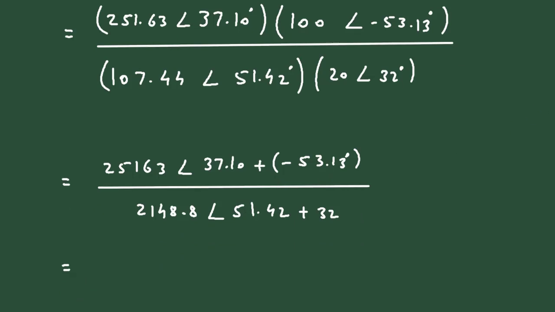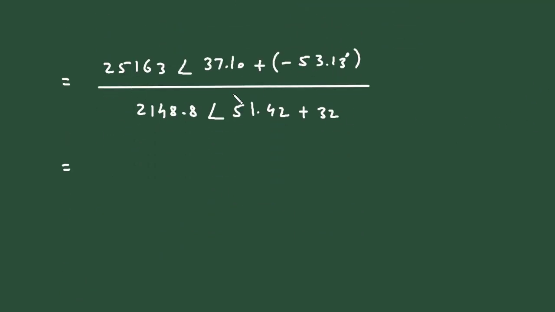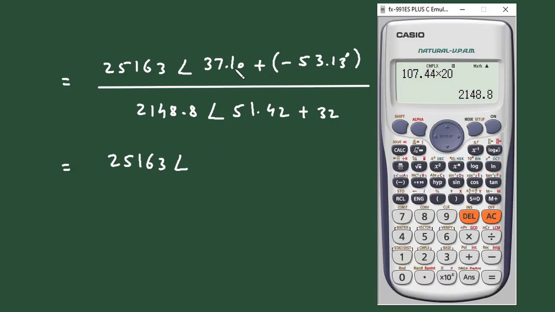So let's simplify this first. So 25163 at an angle 37.10 plus in bracket minus 53.13.